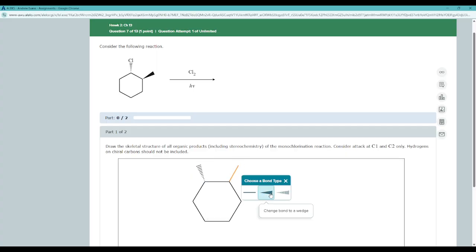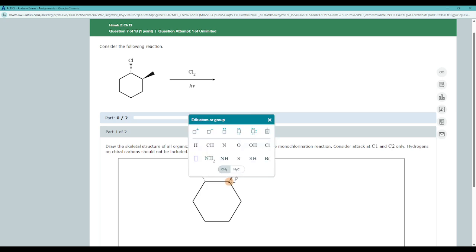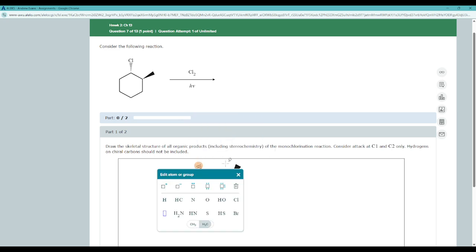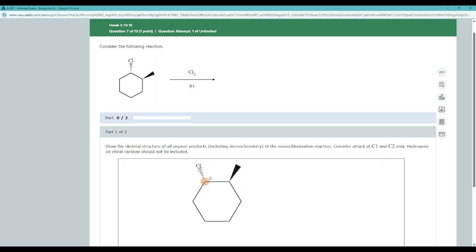Wedge. Now, when I attack with a chlorine, we're saying C1 or C2.